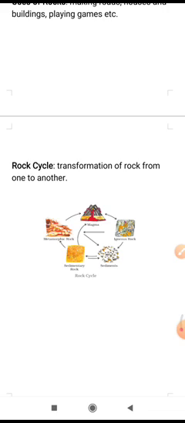Some minerals are used as fuels, for example coal, natural gas and petroleum. Some minerals are also used in industries: iron, aluminium, gold, uranium, etc. Some minerals are used in medicine and fertilizers, etc.